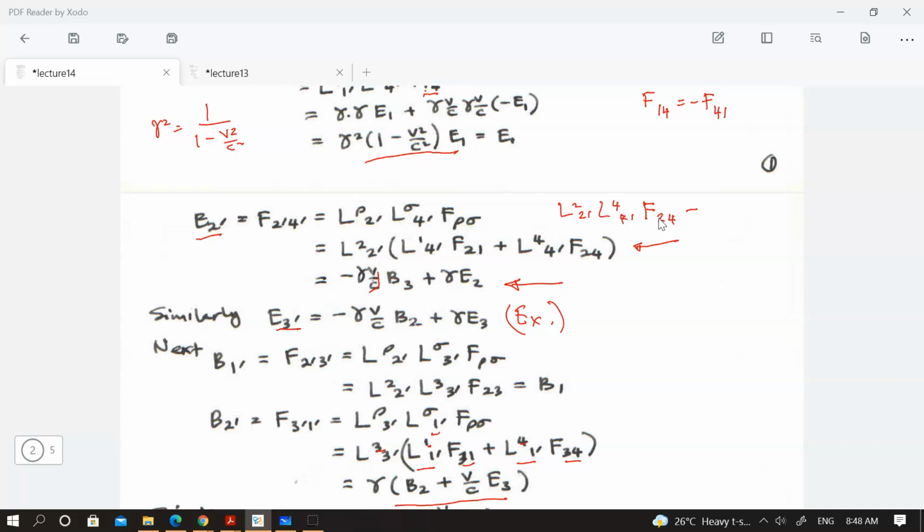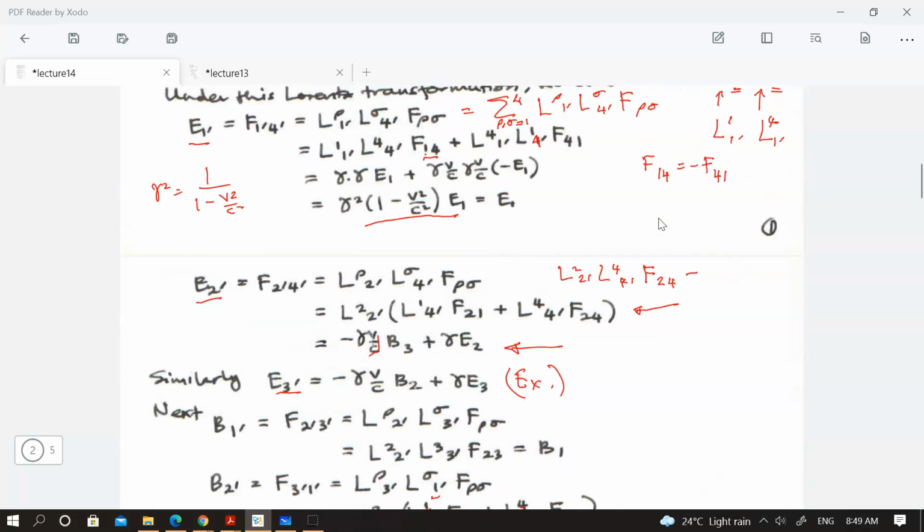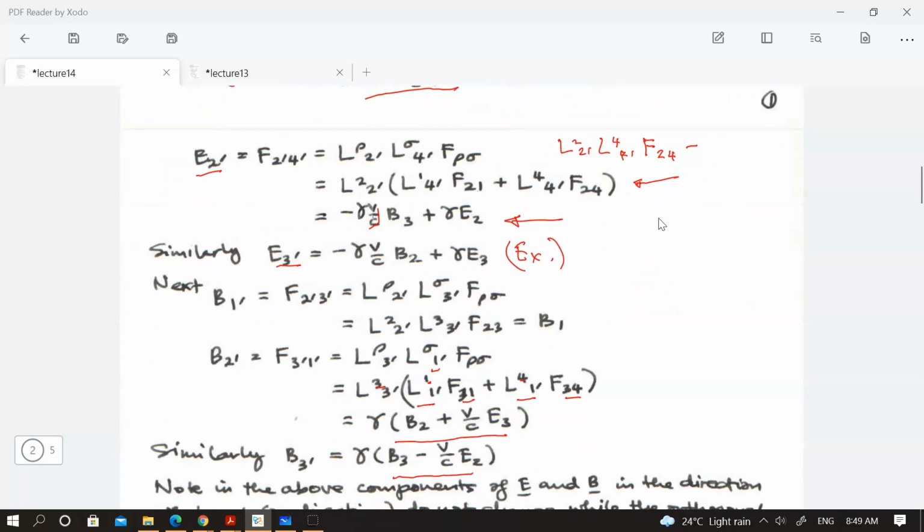So whatever components of your electric field and magnetic field are in the direction of your boost will not change. But the ones orthogonal to it, in this case y and z, coming from the second and third components, will acquire, in the case of the electric field, the magnetic field components. Similarly, the magnetic field will acquire the electric field.